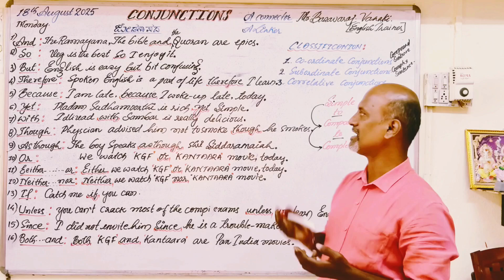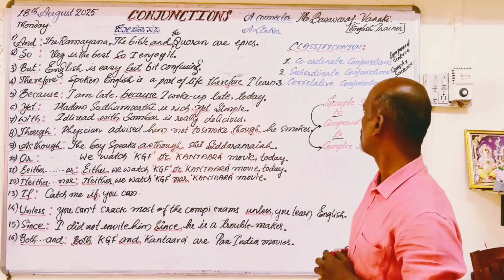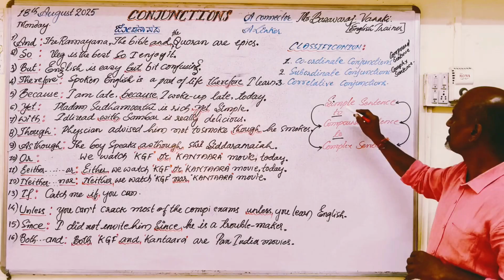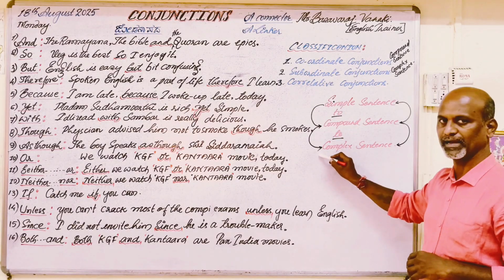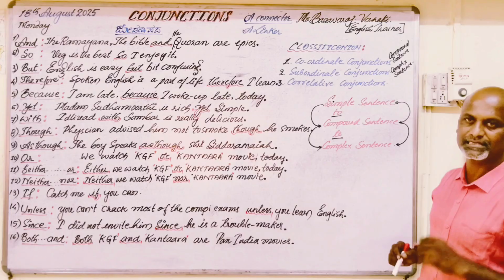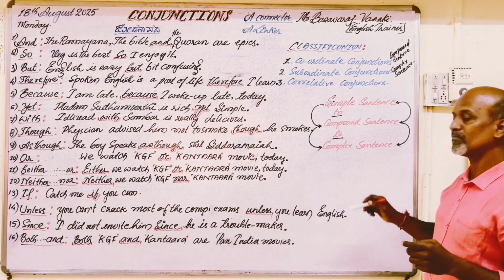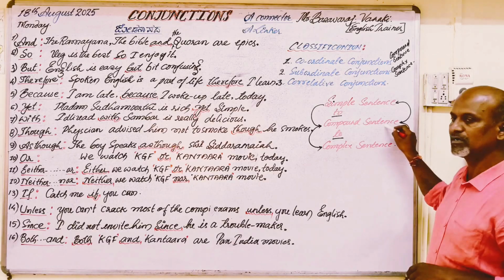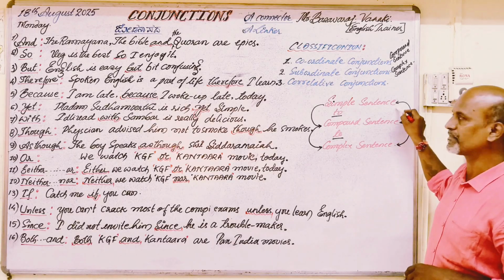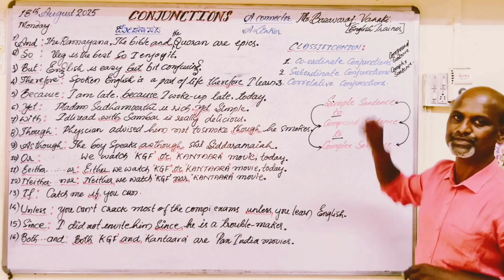And it is quite natural for school and college learning. Well, this is simple to compound sentence, compound to complex sentence. We need conjunctions. Or in the exams, questions might be asked in the style of complex sentence to compound, or compound to simple. We need all these kinds of conjunctions.